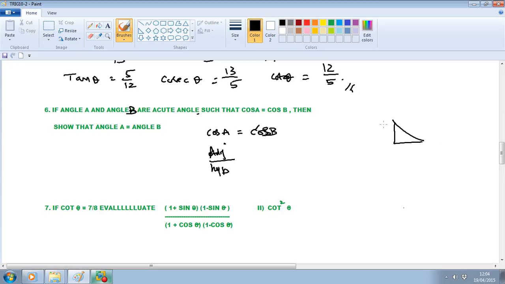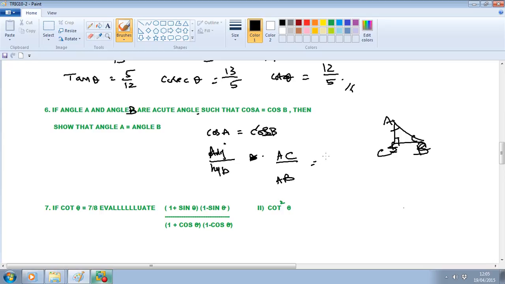Let us take it as triangle ABC. This is B, this is C. A and B both are acute, that is given. So what is cos A? It is AC divided by AB.